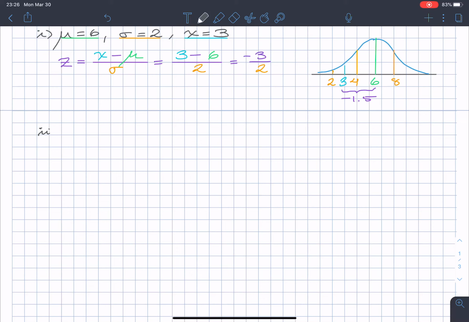Okay, so let's say my population average is 4. Let's say my standard deviation is 1, which means now I'm on a normal distribution, right? Let's say my data point x is 5.75. Okay, so the z-score, I'm going to do the data point minus the population mean.